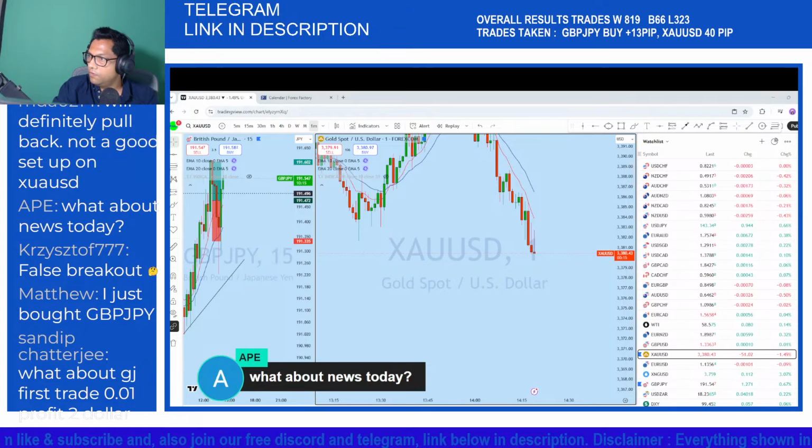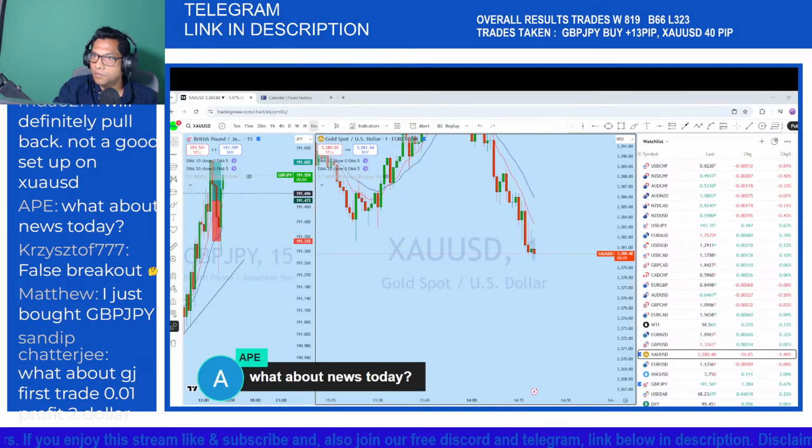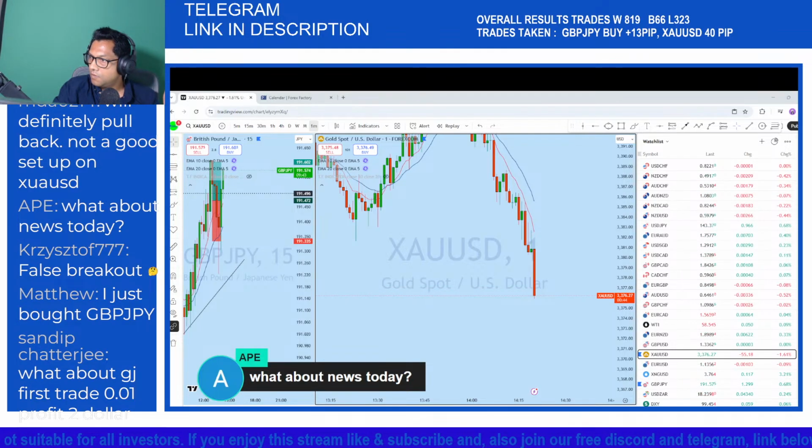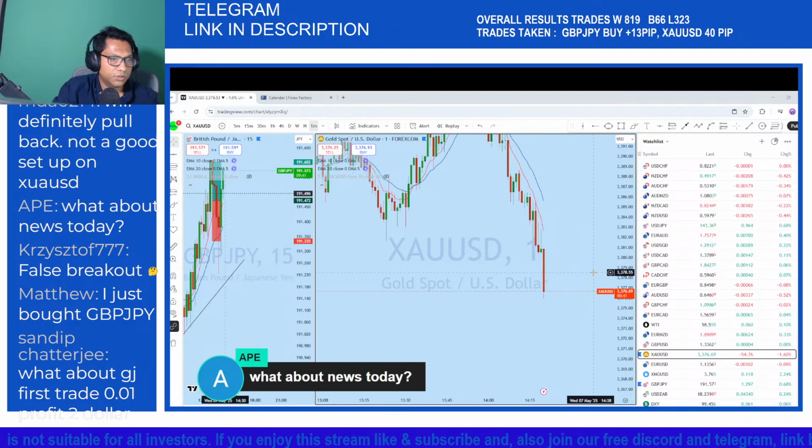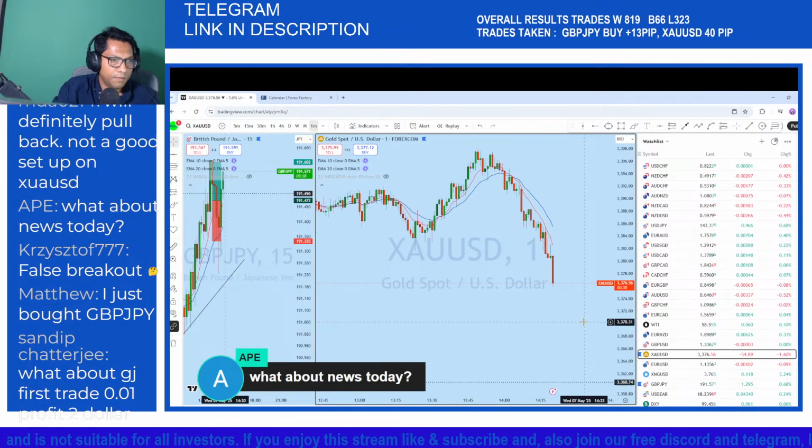It's coming below. Okay, so it's breaking completely below that fair value gap.